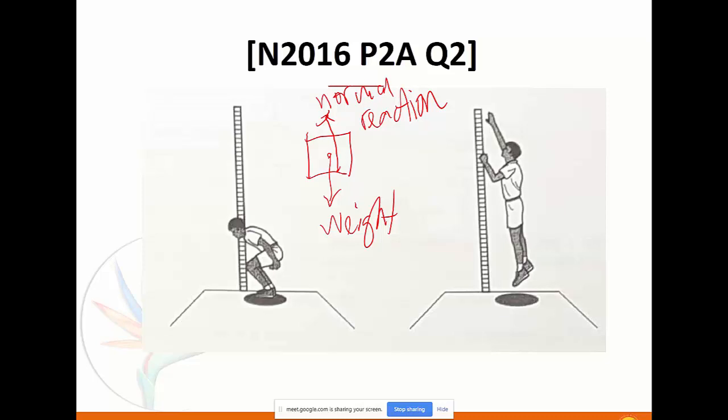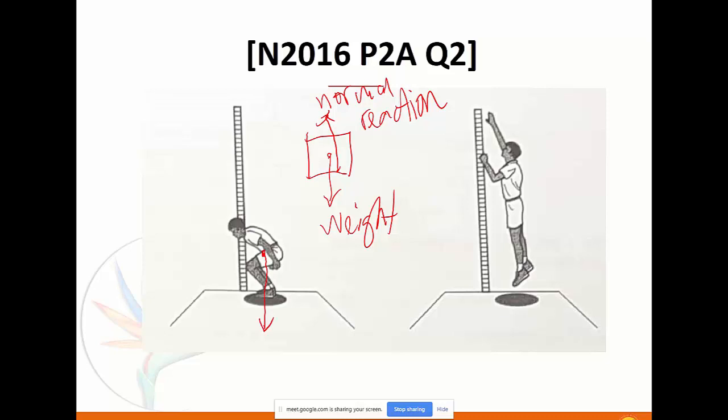The question says name the forces. So of course, you can use your free body diagram like that as what you learned in Sec 2. Then of course, you need to label on that man, the diagram, meaning you have to do this. Right now, this will be the weight.